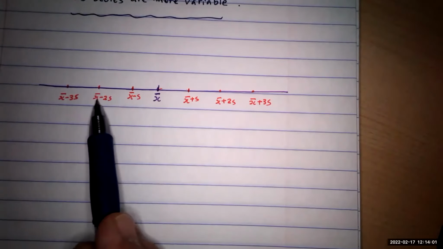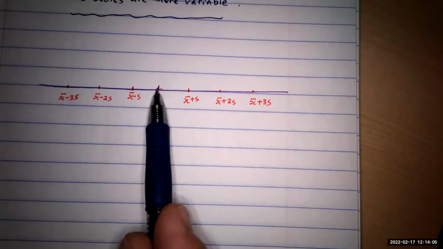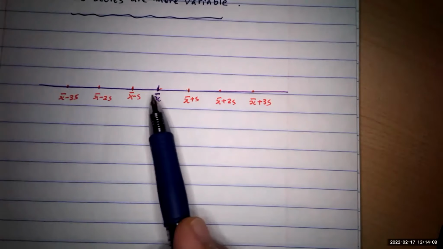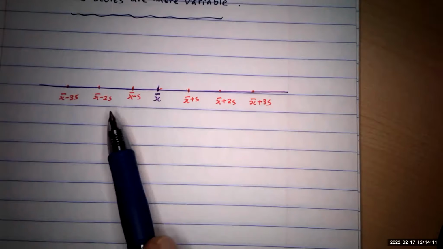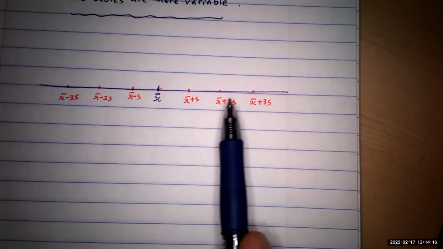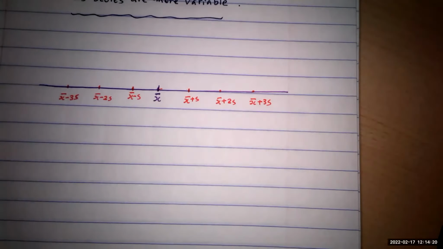But if you are here, for example, you are 2 standard deviations below the mean. So you can create different intervals, because these are all numbers. You have different intervals that will tell you where you are, so that somehow gives you the position of your grade in the class.